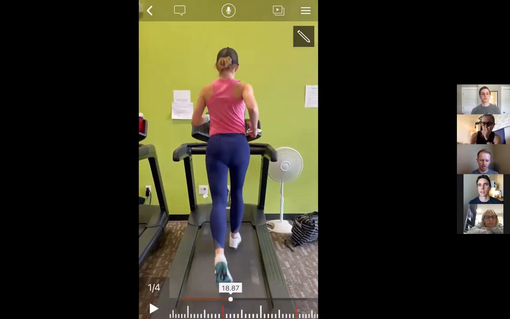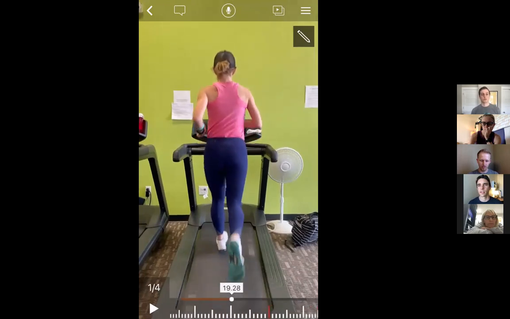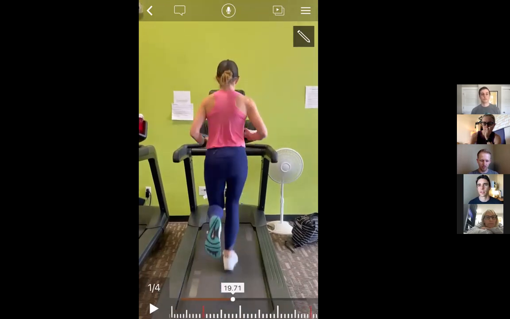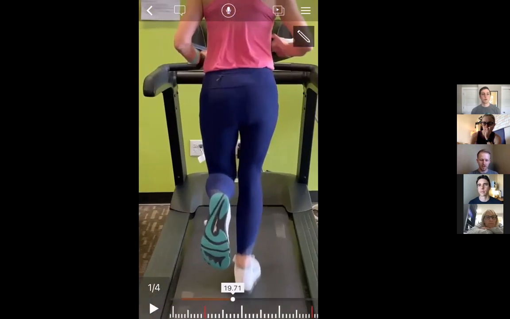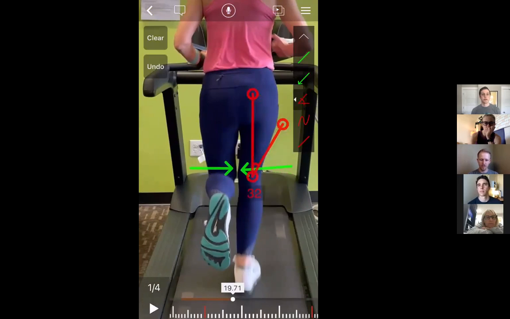And then Christy's looked really good as well. We're going to go through her gait phase and find mid stance right here. You can see a nice little knee window right here, which looks good. And if we draw this line here, you see she has very, very minimal knee movement diving inward.